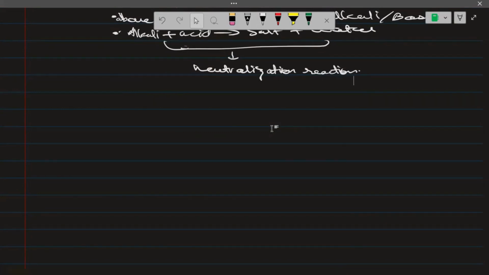Let's do another example of a neutralization reaction. Let's take sodium hydroxide and write an equation. Sodium hydroxide means NaOH, which is aqueous, plus HCl, the acid, also aqueous.